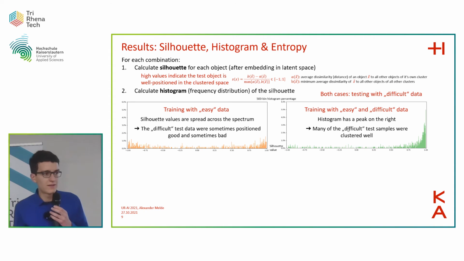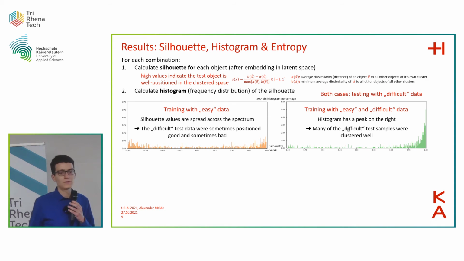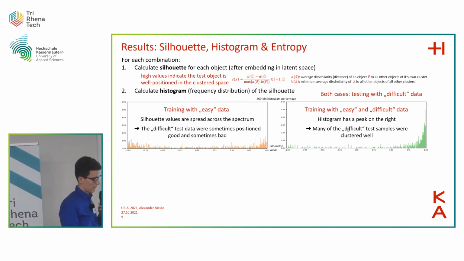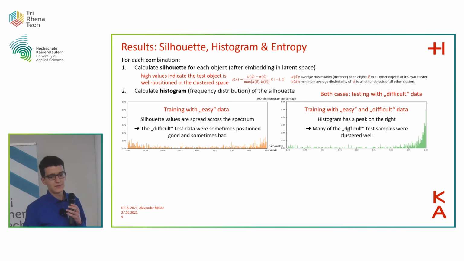We then calculate a histogram of these silhouette values, and if a lot of these silhouette values are good or high, we get an image like on the right, and else it's more spread out like on the left.